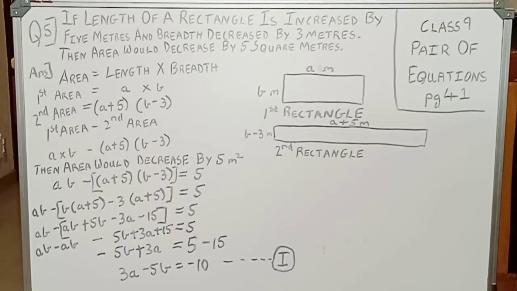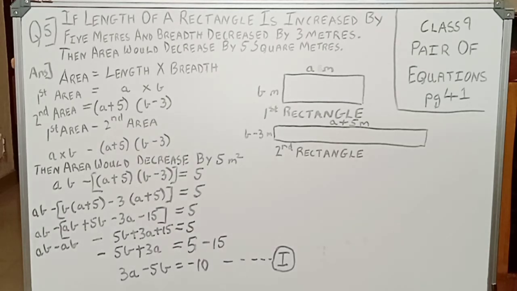AB and AB, once you remove the square bracket, you will get a minus sign inside. So the first term would be cancelled, minus AB and plus AB will get cancelled. Now the minus sign of the square bracket will come inside, and the plus 5b will get converted into minus 5b, and minus 3a will get converted to plus 3a, and minus 15 will get converted into plus 15.